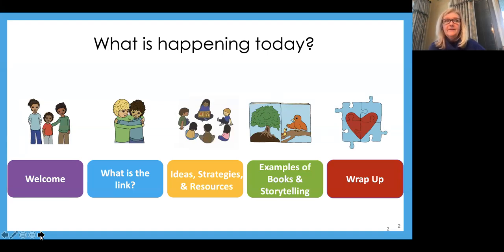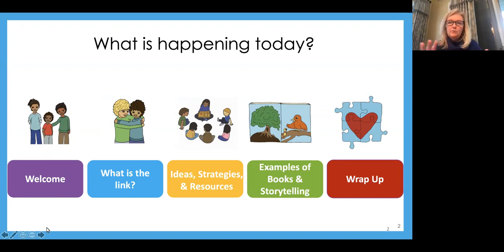You have the PowerPoint handout as well as a resource sheet that has those resources on it. But again, if you know of some other ones, please put them in chat or unmute and share those, that's great. We'll also be giving examples of different books and storytelling, and then we'll wrap up.